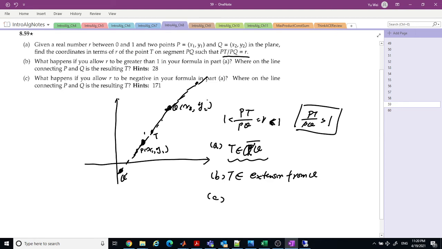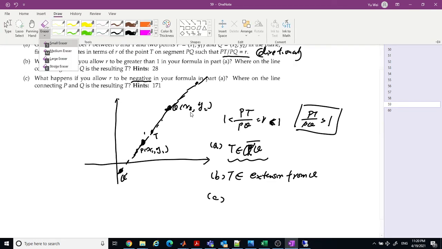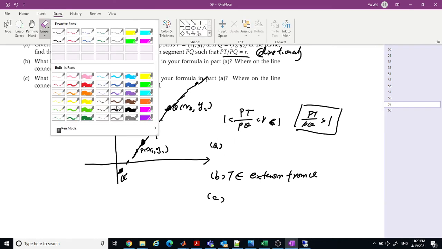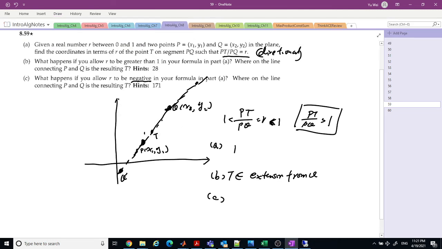Okay, now I understand. So this one talks about the directional. Okay, if it talks about the directional, let me correct it. T needs to belong to PQ.